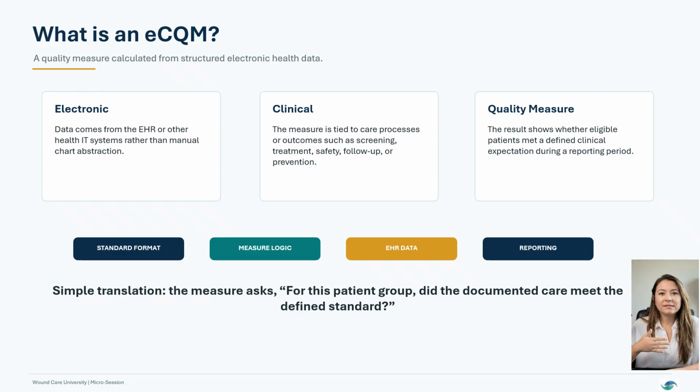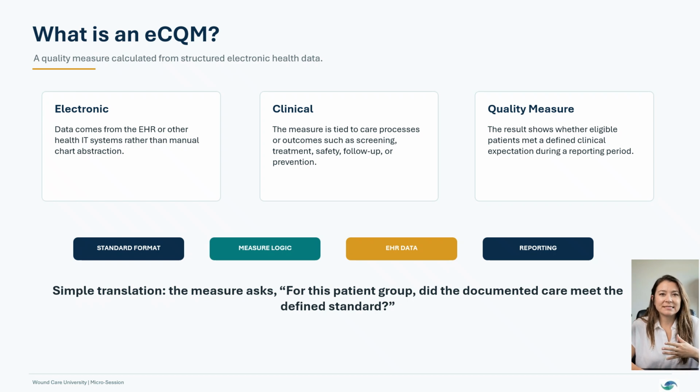An eCQM is not just a report, it is a standardized electronic quality measure built to use structured data from the EHR and health information technology systems. The measure logic defines who is included, who is excluded, and what counts as meeting the measure. There are three important words in the phrase electronic clinical quality measure. Electronic means the data are pulled from digital systems. Clinical means the data connect to actual care decisions or patient outcomes.